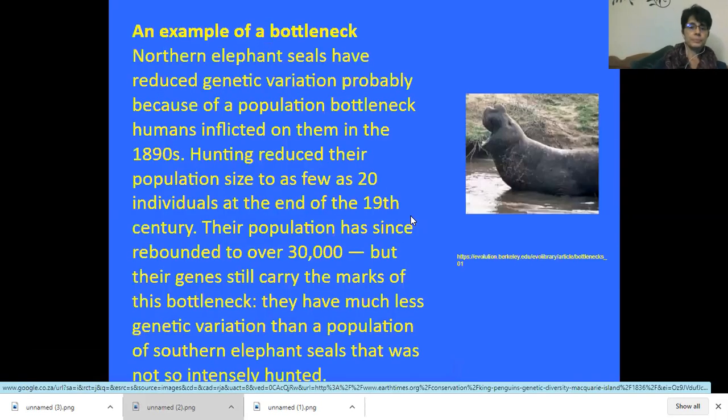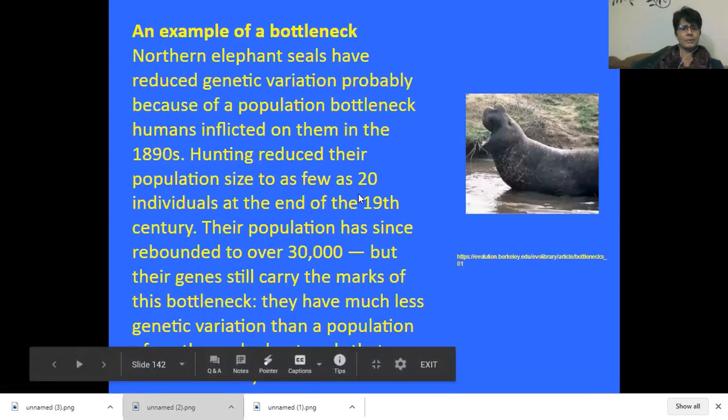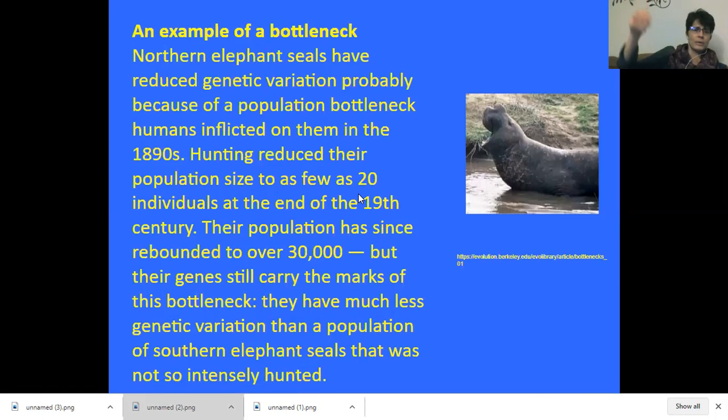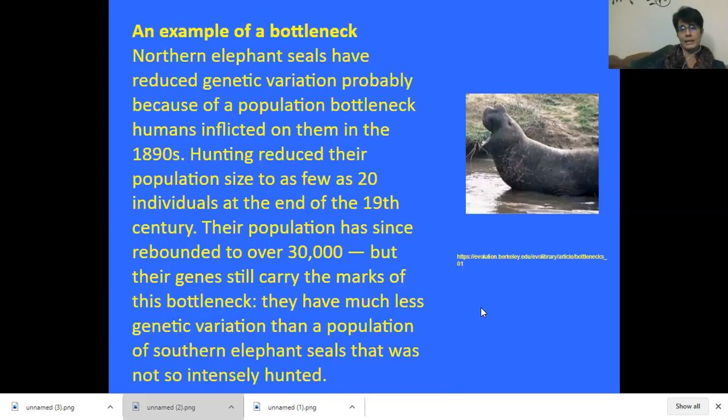Now the seal story, I don't think I'm going to go over this again. It was basically the northern elephant seals, whose population numbers were reduced by hunting, but now they're back to 30,000 again. But the southern elephant seals' population remained high because there was no hunting. There was no bottlenecking effect.